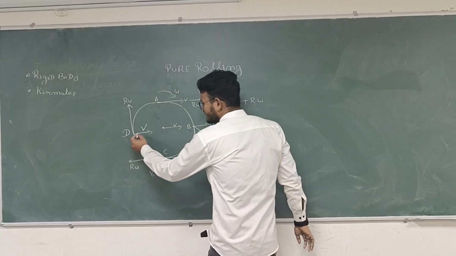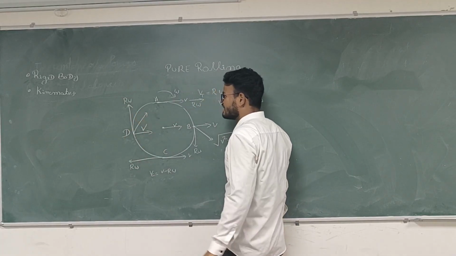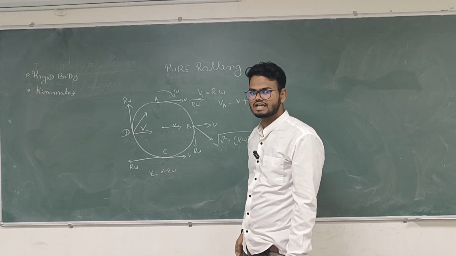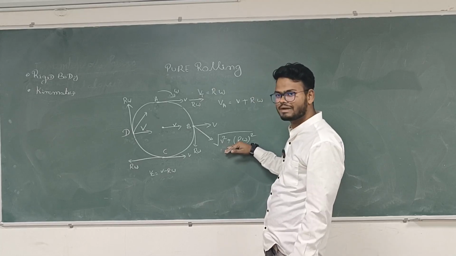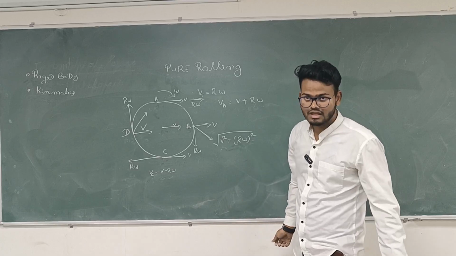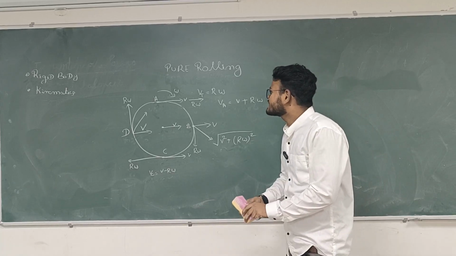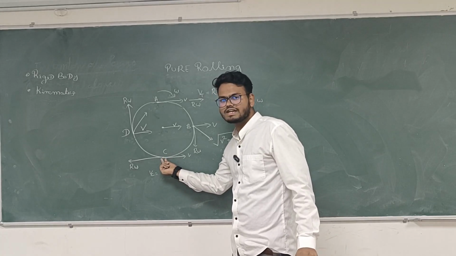At this point again both velocities are perpendicular, so we again find the resultant velocity, and that is equal to this in magnitude. Direction will be different but magnitude will be the same. Now our main concept is pure rolling, so let us discuss the point of contact.